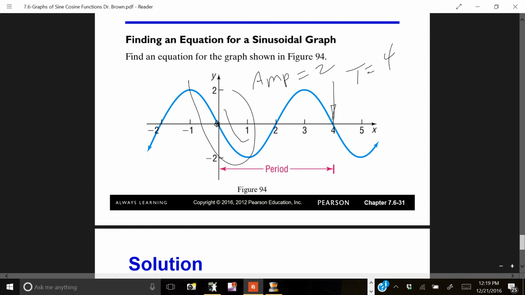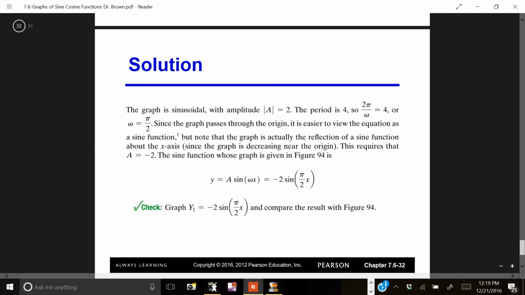So let's look at how we would set this up. The period is 4. So 2 pi over omega is equal to 4.